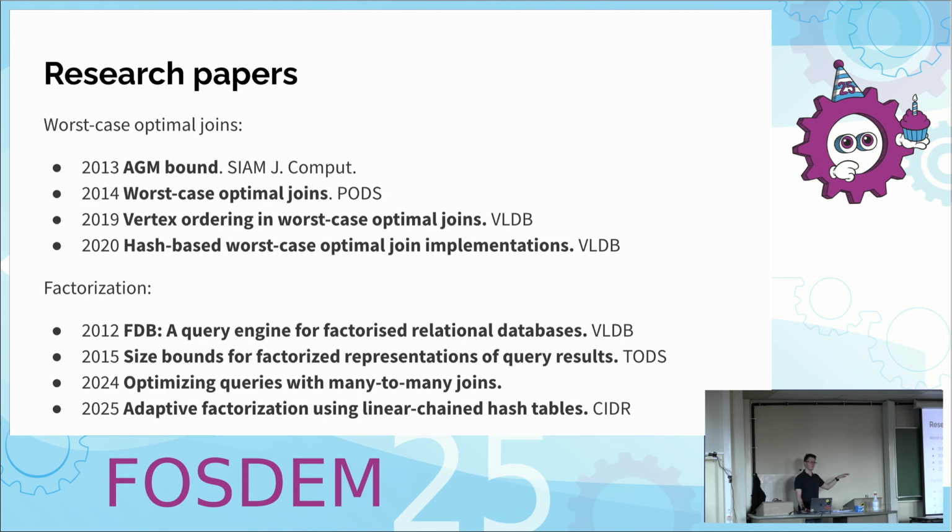The interesting thing about factorization and worst-case optimal joins is that they are results that follow this really traditional and kind of ideal path of first being published in theory papers, then being picked up by the database researchers, then being designed into systems by systems architects, and then ultimately they will end up in production systems.